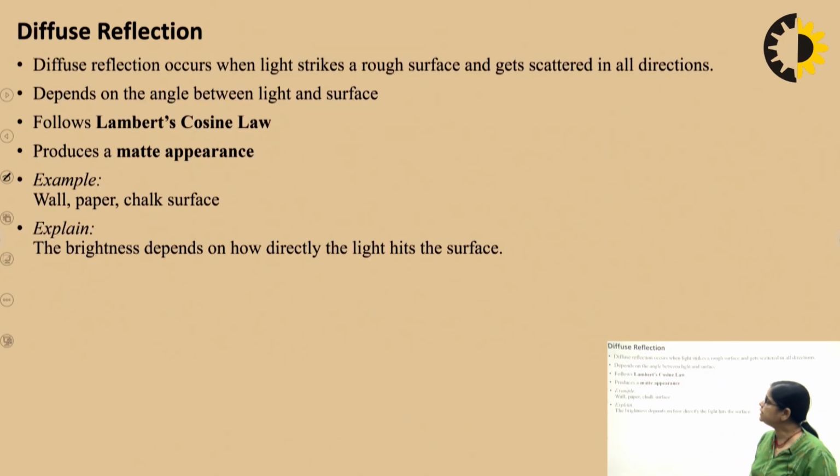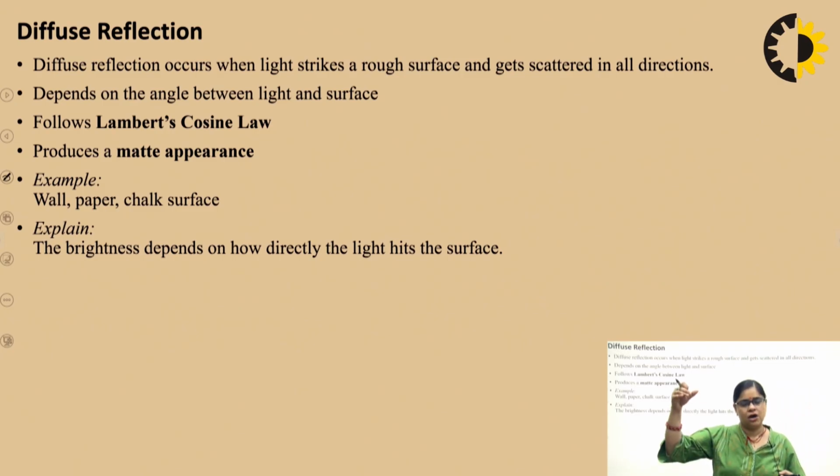Now, when I am talking about the diffuse reflection, it occurs when light is scattered on a rough surface, and it is scattered in all directions. It depends upon the angle at which the light hits the surface, which defines how it is scattered in all directions.